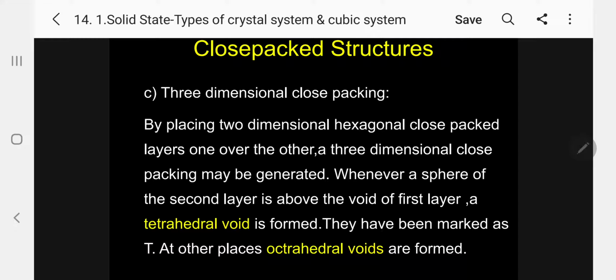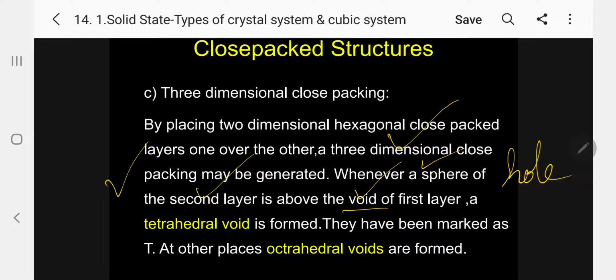By placing two-dimensional hexagonal close packed layers one over the other, a three-dimensional close packing may be generated. During this formation, whenever a sphere of the second layer is above the void of the first layer... what is a void? Void means hole. I will explain later.